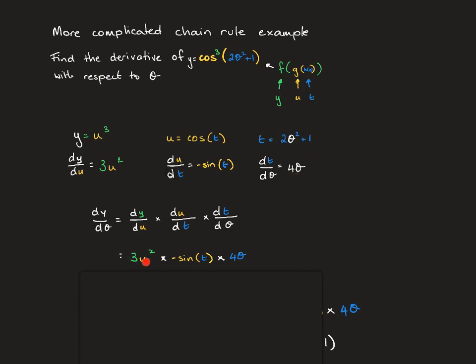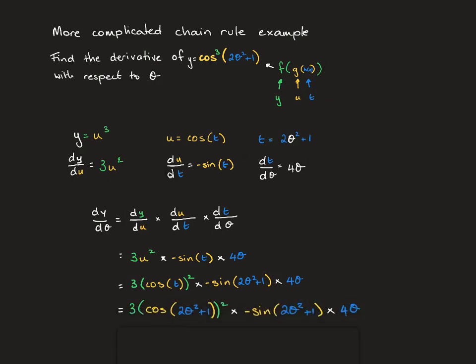We're going to need to replace the u with cos of t, and we're going to replace the t's with 2 theta squared plus 1. So let's go ahead and do that. So you can see I've replaced the u with a cos and the t with the 2 theta squared plus 1. Replace again and we get this giant thing here.